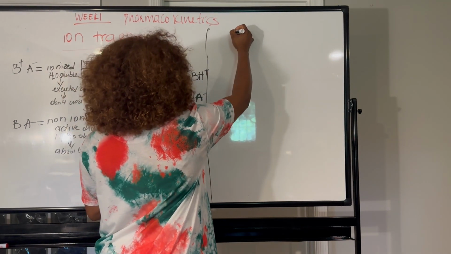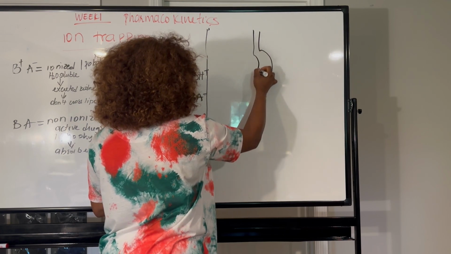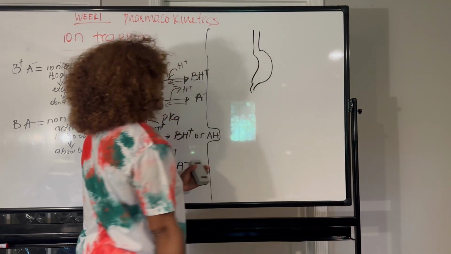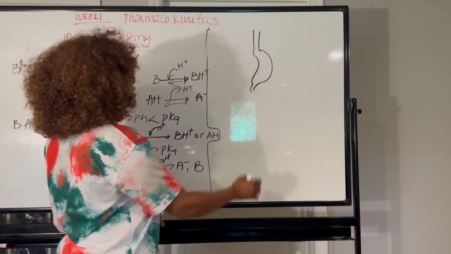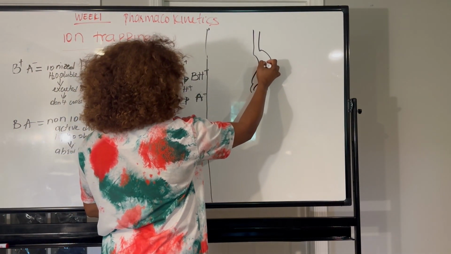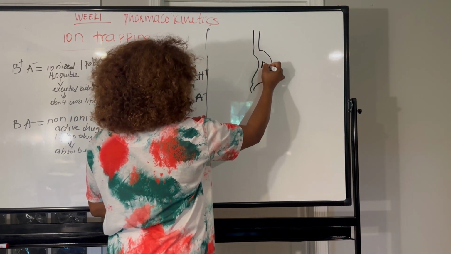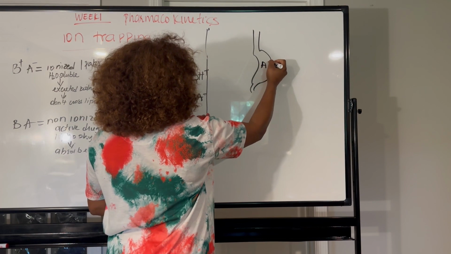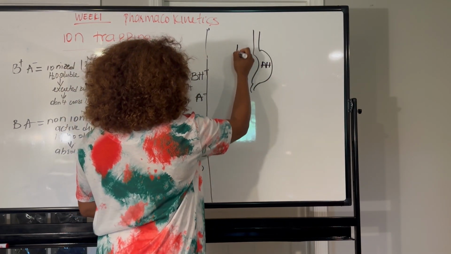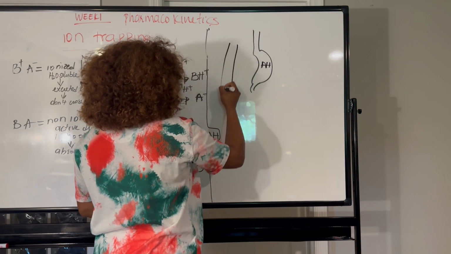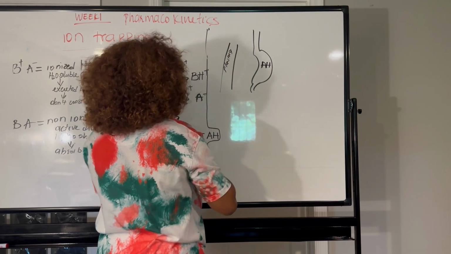When we have ingested our medicine per mouth, and it gets into the gastric mucosa, let's say this is an acid, right? So this is an acid right here, and this is gonna be our plasma or our blood, something like that.